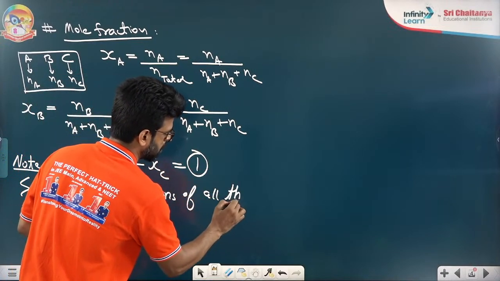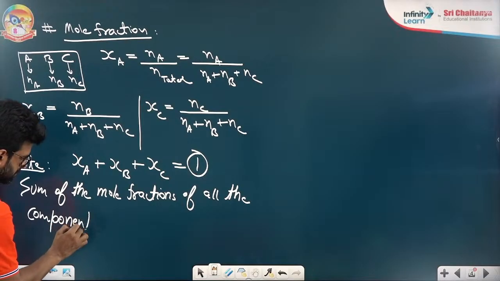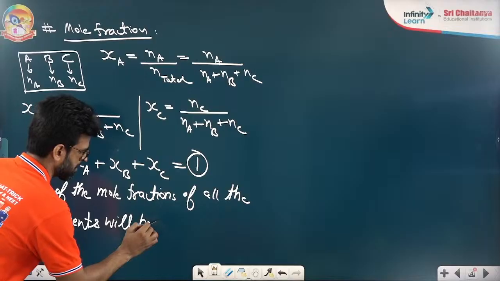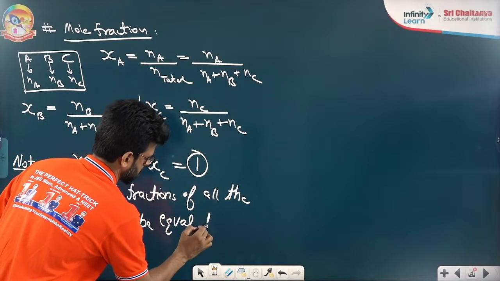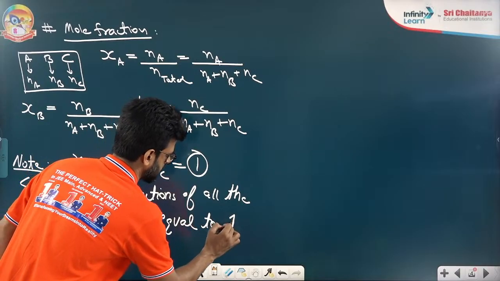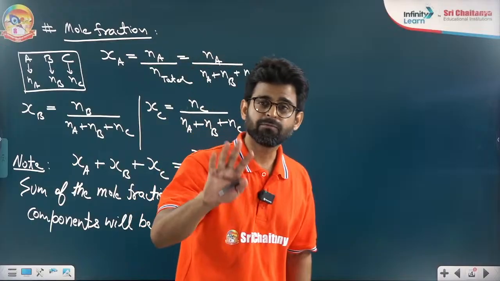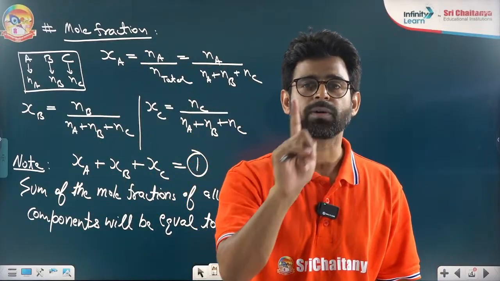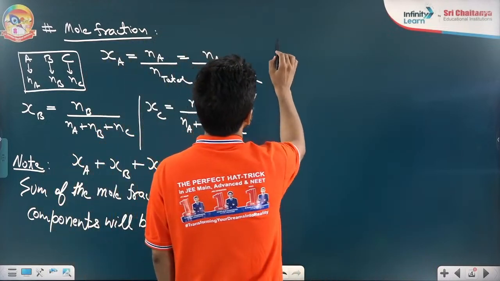Be careful, not just some of the components, all the components, will be equal to 1, right? If there are 4 components, the sum of the mole fraction of all the 4 components equals to what? 1. Okay. Done. Great.